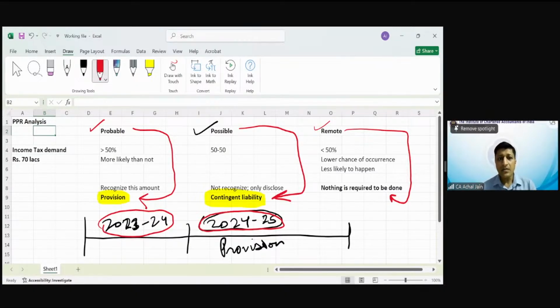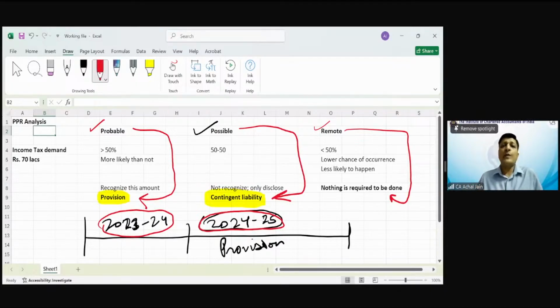So that sort of implication one has to consider, because to say that the assessment may go wrong may require some change, but it's a significant change. From zero liability, you are recording the complete liability. In fact, you didn't even disclose it as a contingent liability. So there are two extremes. These two extremes you generally don't get to see practically.